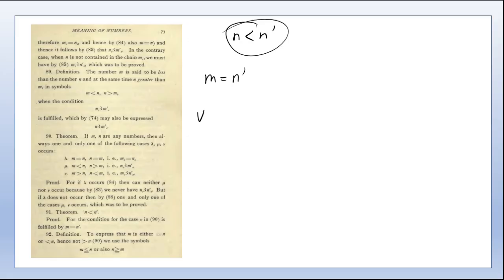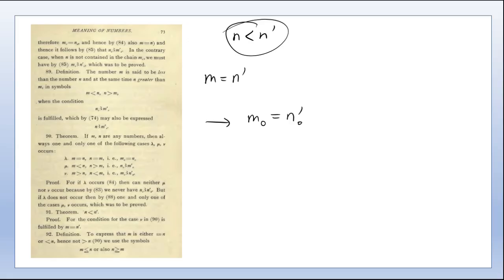So if m is equal to n primed, then we have that m naught is equal to n naught primed, because that's from lambda, by the way. So that's not nu that I've used there, that's lambda that I've used to arrive at this conclusion, that the chain of m is equal to the chain of n primed.